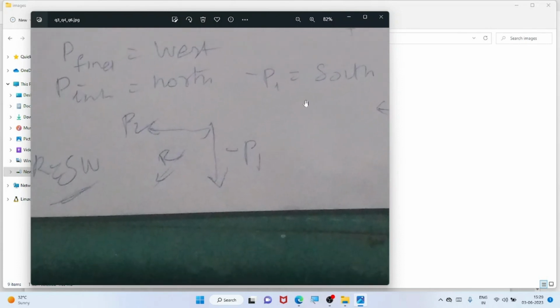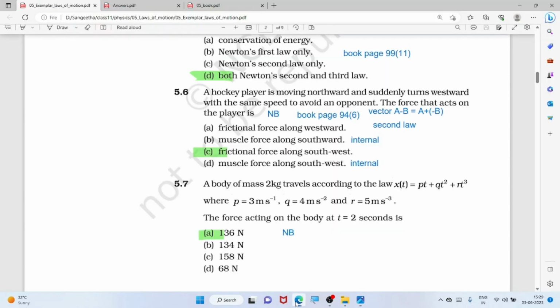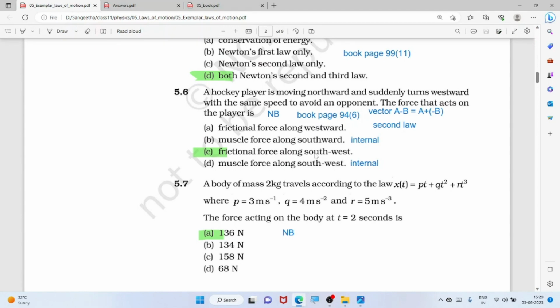That is why north will become south. So this is the final and this is the initial and this is the direction: southwest, sorry, not east.